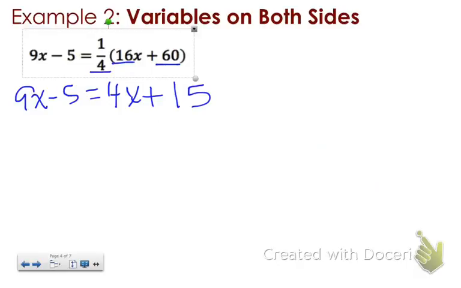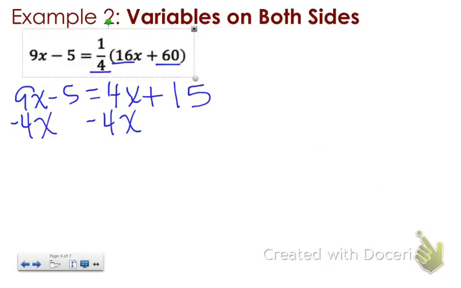So in this case, I'm going to go ahead and just get all the x's on the left, so I'm going to subtract 4x from both sides. Anytime you're moving a whole term across the equal sign, you have to be adding or subtracting. You can't multiply or divide.